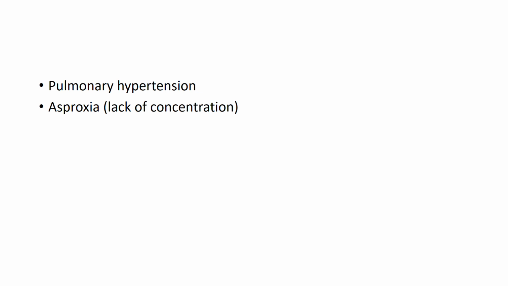So the body tries to pump more blood to the lungs, and because of this it can lead to pulmonary hypertension. Another thing is aprosexia. Aprosexia is nothing but the lack of concentration. As I told you, because of the obstruction there can be difficulty breathing and the sleep may not be of good quality, and because of that the general concentration and attention levels may drop.